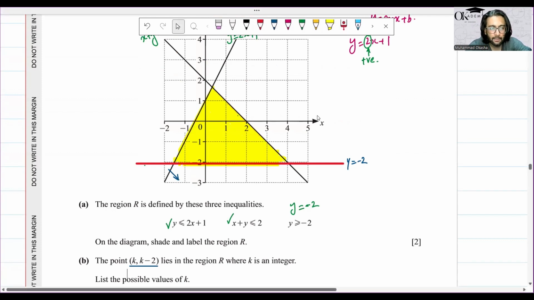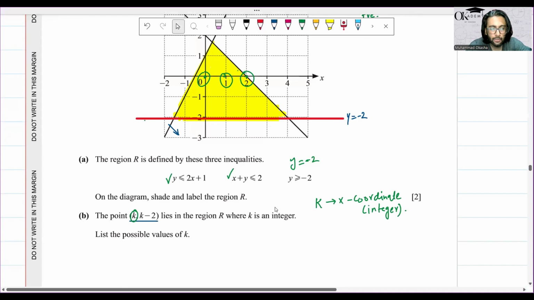K is the x coordinate, and it is an integer. So where can we locate k on the x axis? It could be 0, 1, or 2. So the possible values of k are k equals 0, 1, and 2.